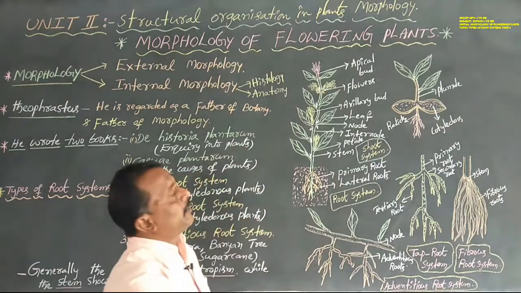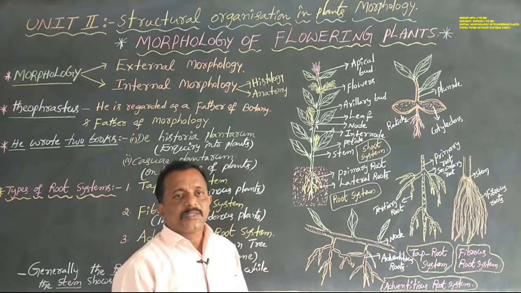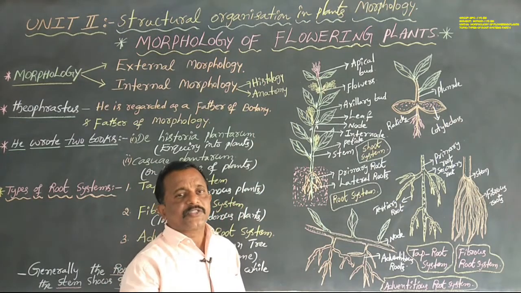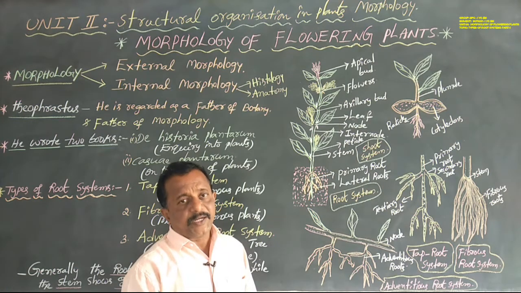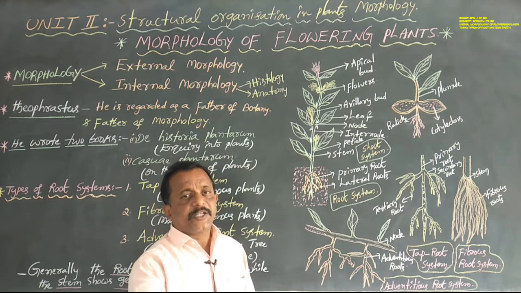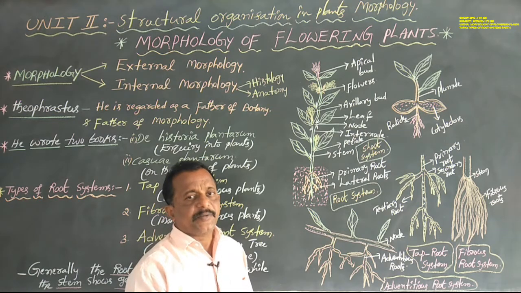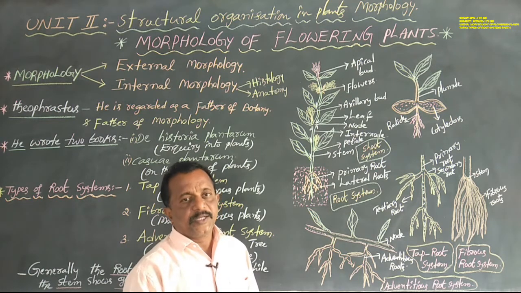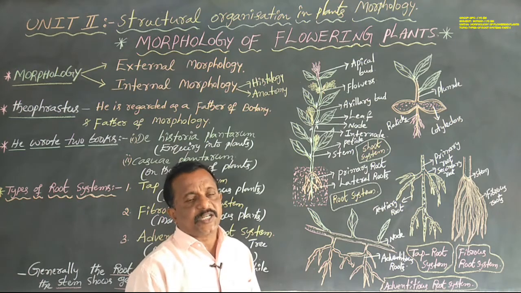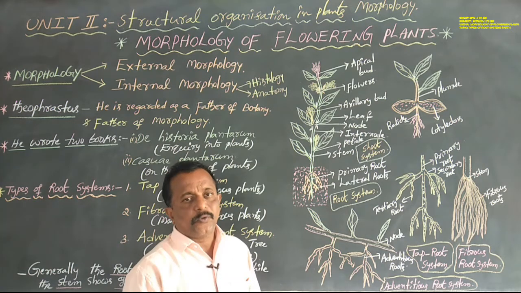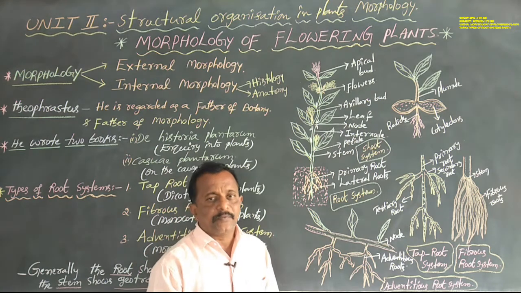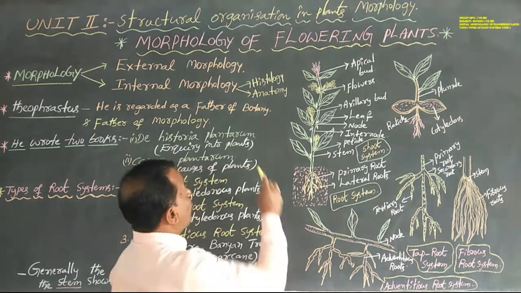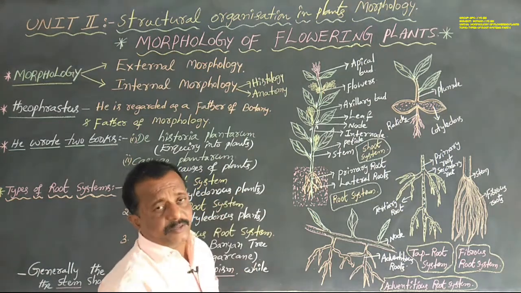That is called anatomy: anatomy of root, anatomy of stem, anatomy of leaf, anatomy of flower. That is TS of root, TS of stem, TS of leaf. TS means transverse section. Overall, all are anatomical parts.